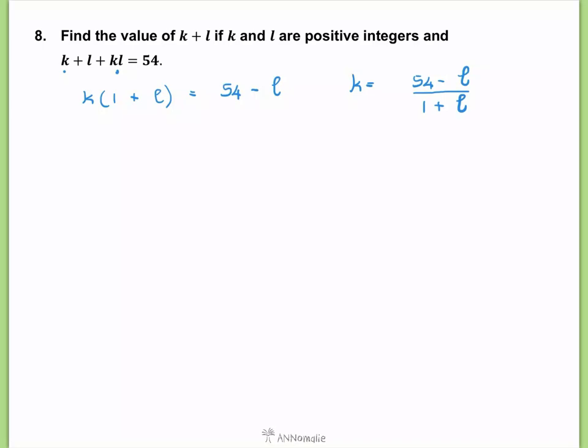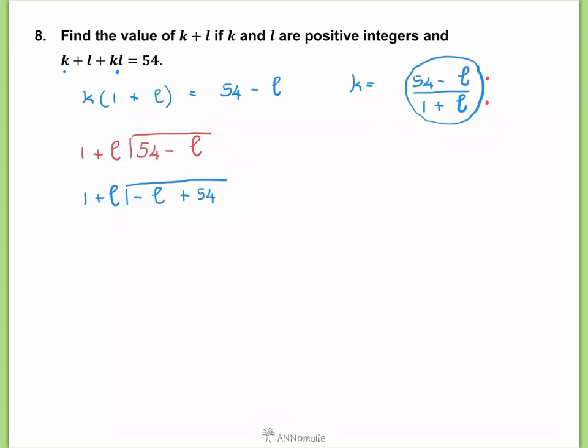So we can once again see that this is an improper fraction, the reason being that the degree of l, top and bottom, is exactly the same. So we are going to perform one long division again: 54 minus l divided by 1 plus l, rewritten in the correct format as minus l plus 54 divided by l plus 1.